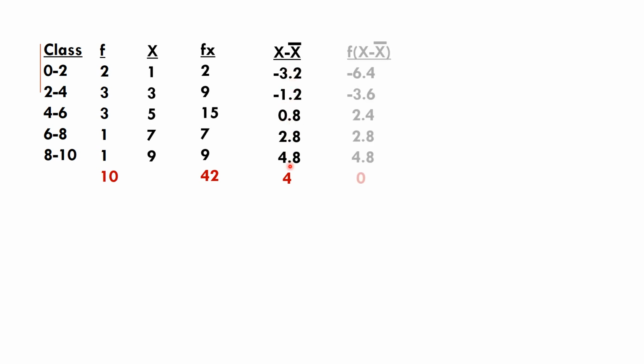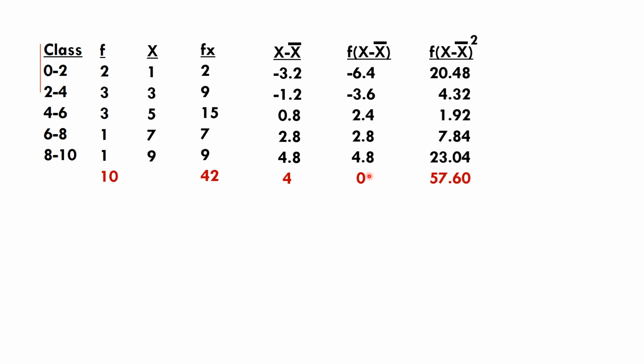Then we have to multiply the frequency with this x minus x bar values. That is 2 into minus 3.2, it is minus 6.4. Then 3 into minus 1.2, that is minus 3.6, like that. Each of these frequencies are multiplied with each of these x minus x bar values to get this column.